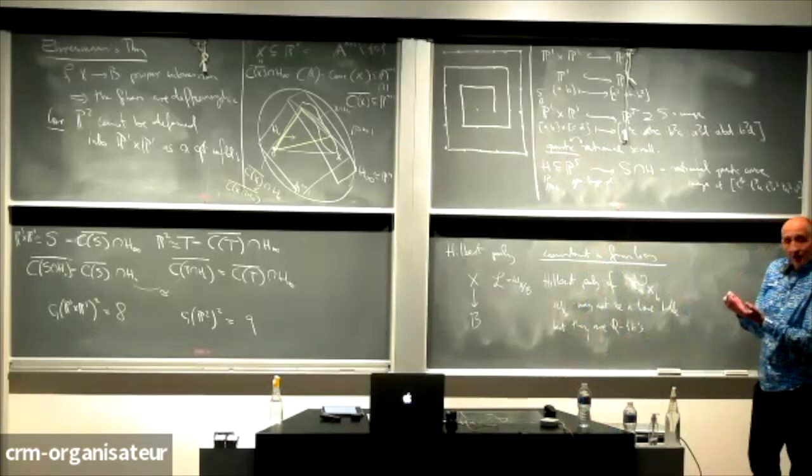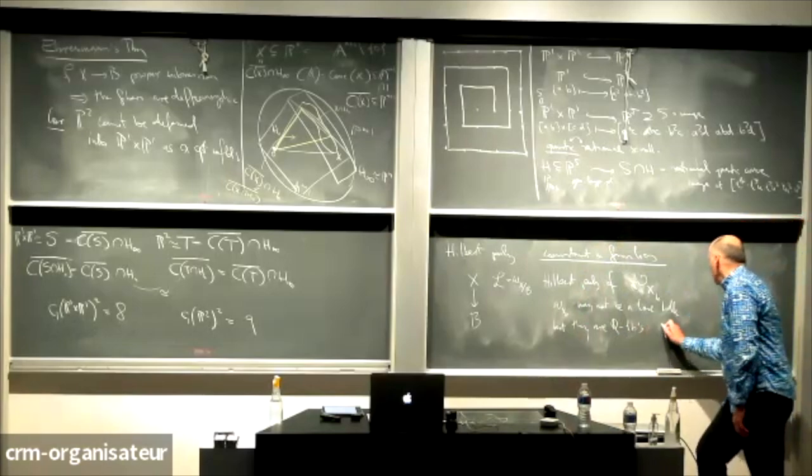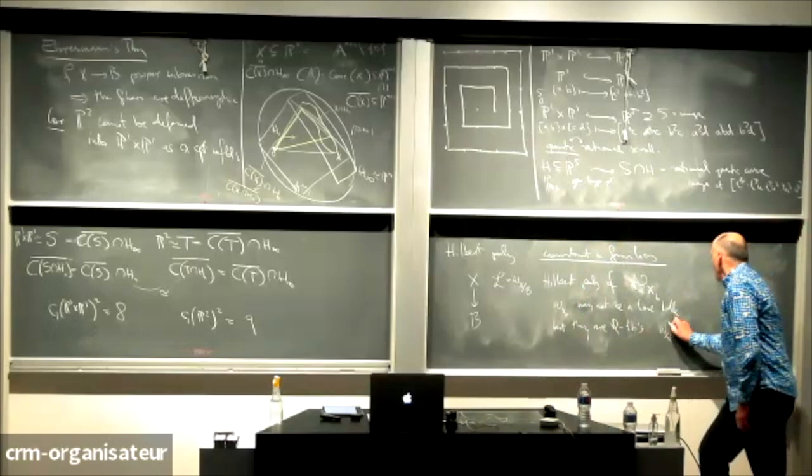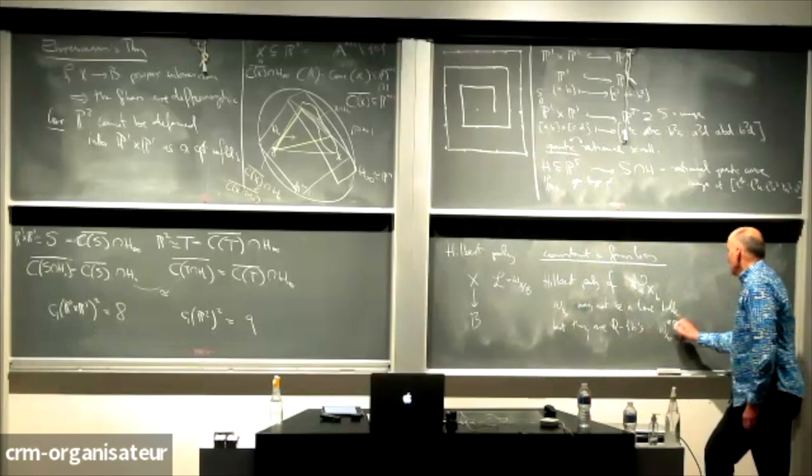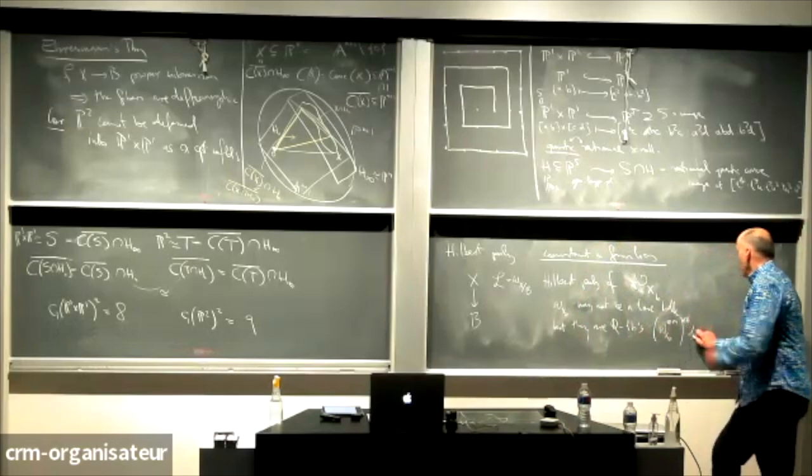So instead of looking at the Hilbert polynomial of omega, I could look at a power. What does Q-line bundle mean? It means that if I take some tensor power and then take the double dual of that, then this is a line bundle.